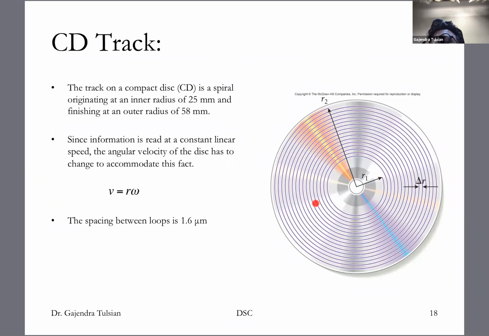Okay, now here's the deal. You use a laser to read the information on this CD. So on that line, information is packed as bumps and so on. Okay. So this is our information.